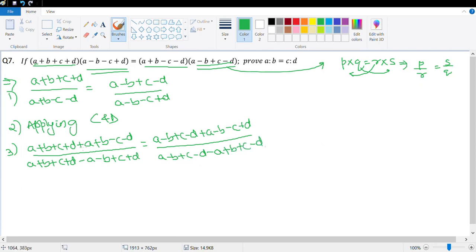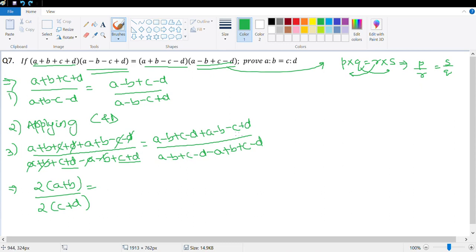Let's see what gets cancelled. Negative c, positive c; plus d, minus d; negative a, positive a; plus b, minus b. So what we are left with is 2 times (a + b), and in the denominator I have 2 times (c + d). And here minus b is there. What gets cancelled?